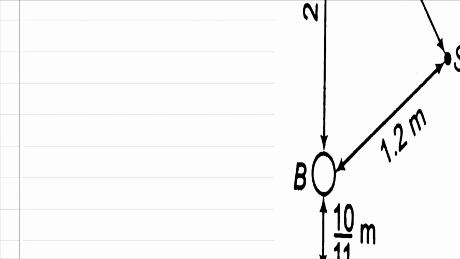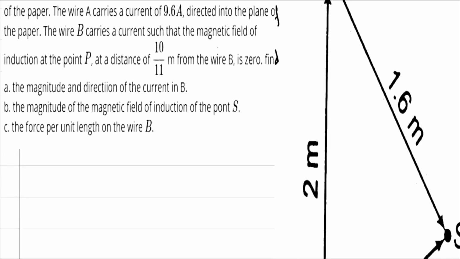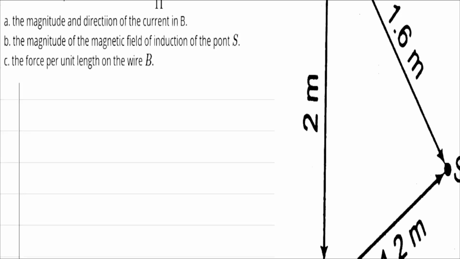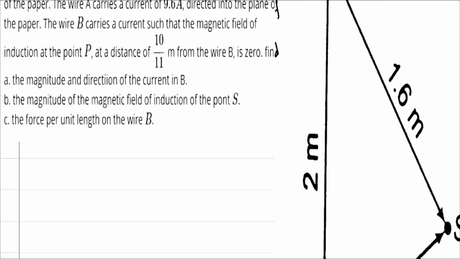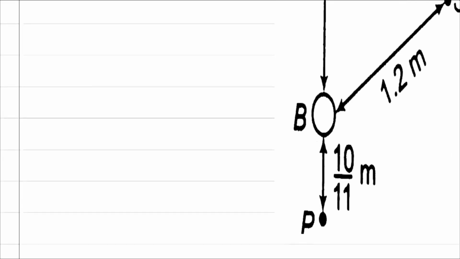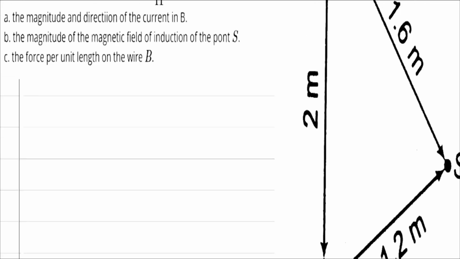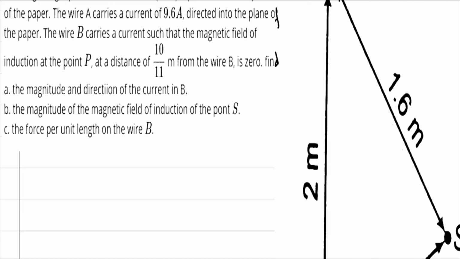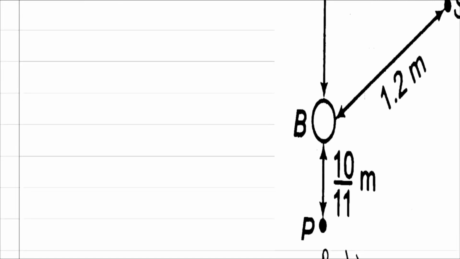So class, first of all, see this diagram. This is the diagram of this question. So what we know is that the net magnetic field at point P will be 0. Due to A, if you know the right hand thumb rule, the magnetic field at P is in this direction.